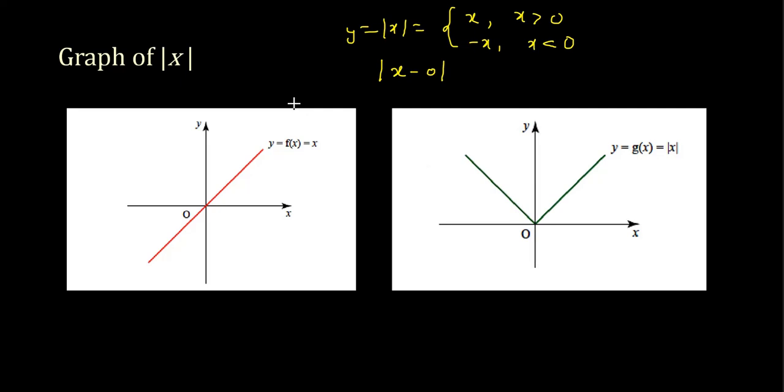The second thing you will see closely here is that y equal to mod x is just the y equal to x line, and for all the portion of the graph which is below the x-axis, it gets reflected in the x-axis. If I reflect this graph y equal to x, the portion below the x-axis, in the x-axis, you will get the V-shaped curve of mod x.